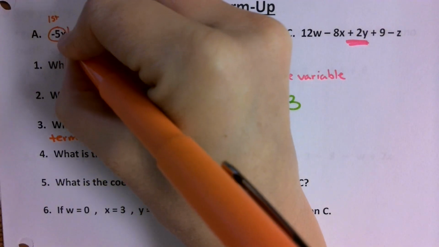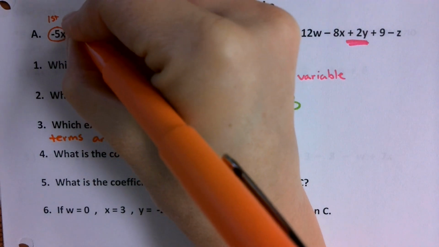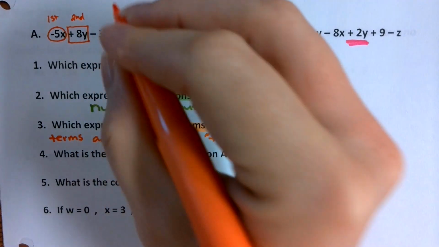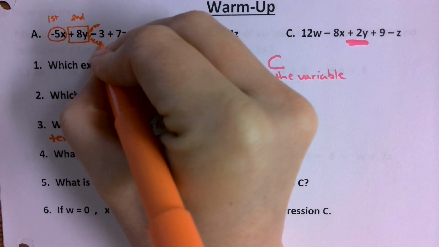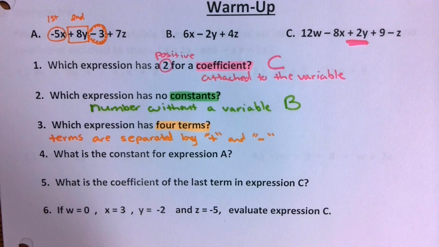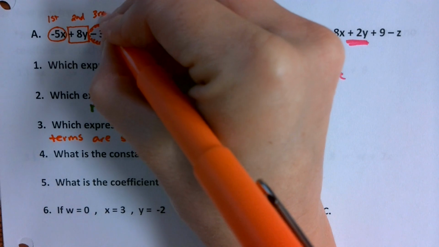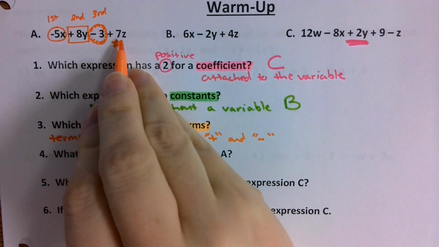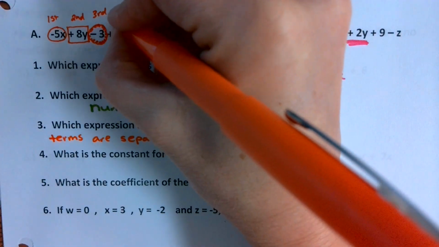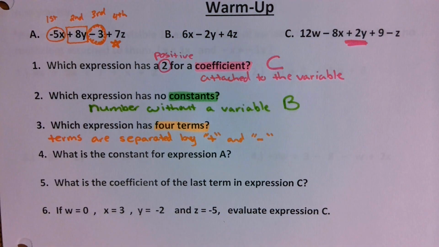We have a positive 8y, that's our second term. We have a negative 3, that's our third term. And then we have a positive 7z, that's our fourth term. So these are the split ups of our terms.